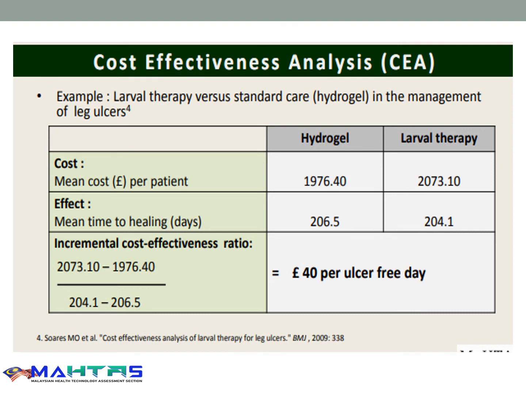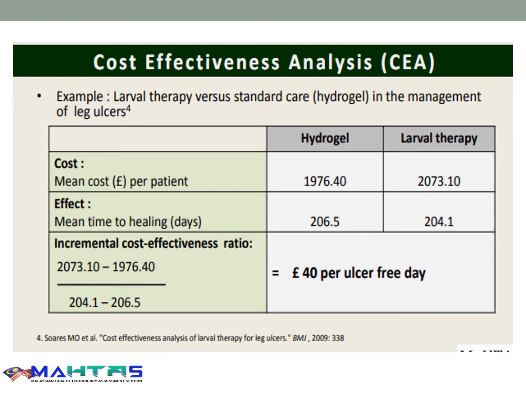Cost effectiveness analysis is for us to compare the cost and effectiveness of two different health interventions. We use the incremental cost effectiveness ratio as our comparison. For example, LAWA therapy compared to standard care, which uses hydrogel in the management of leg ulcers.